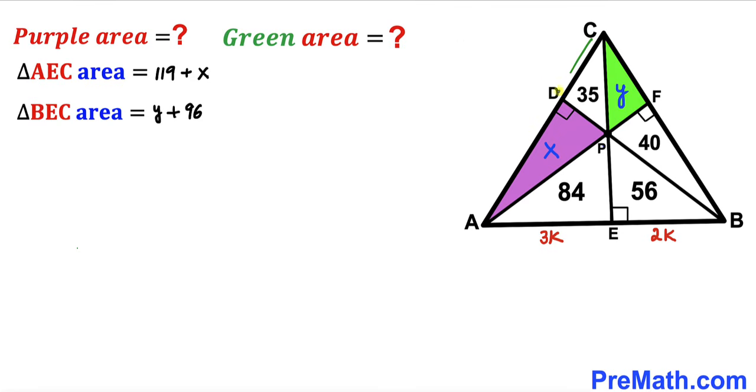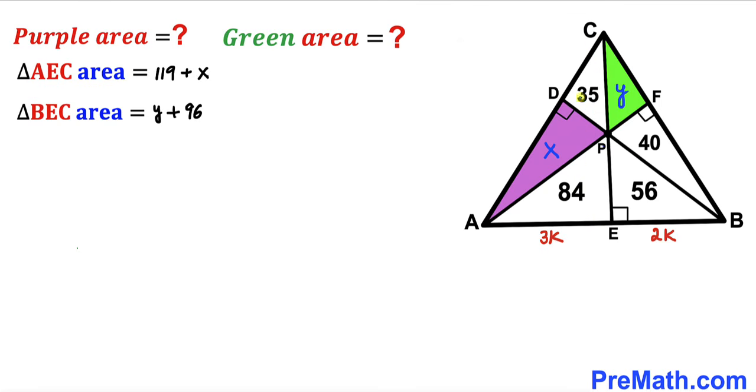We can see for this triangle AEC, its corresponding base is 3k. And for this other triangle BEC, its corresponding base is 2k, and both of these triangles have the same height.